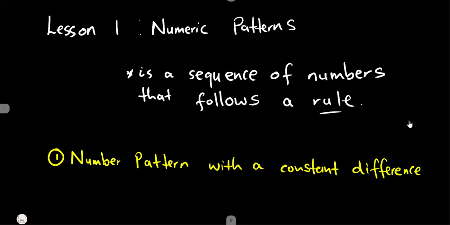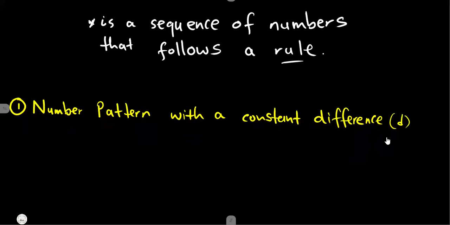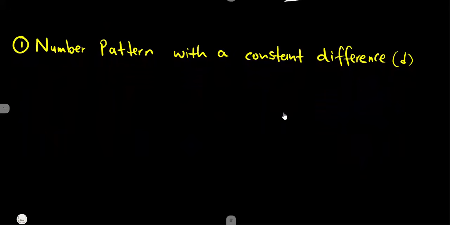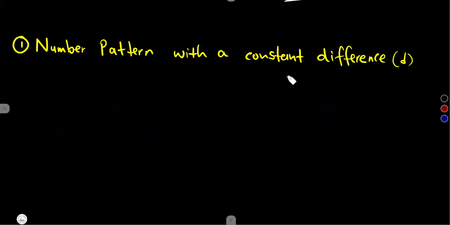I'm going to call the constant difference D in short. We can be given a numeric pattern that has a common or constant difference, a difference in between the numbers.